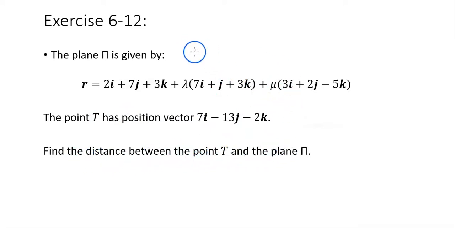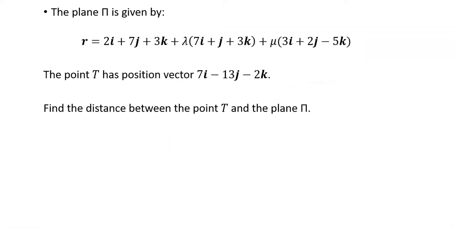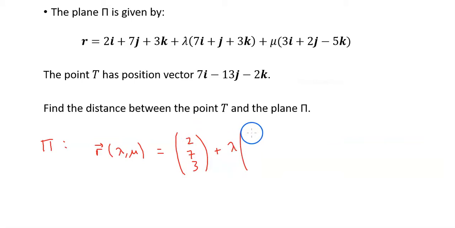Let me write this in a form that I prefer. So pi has vector equation r of lambda and mu equals (2, 7, 3) plus lambda times (7, 1, 3) plus mu times (3, 2, negative 5).